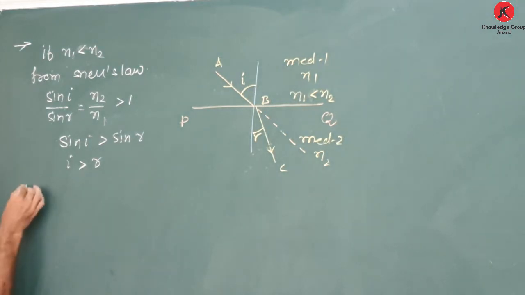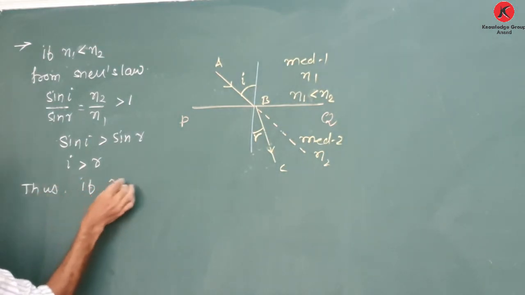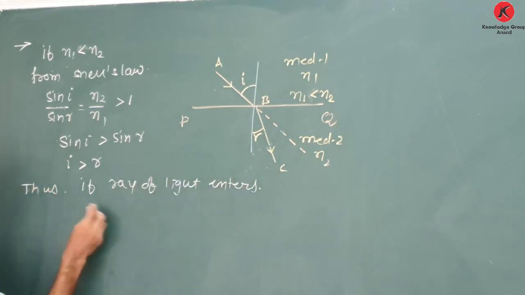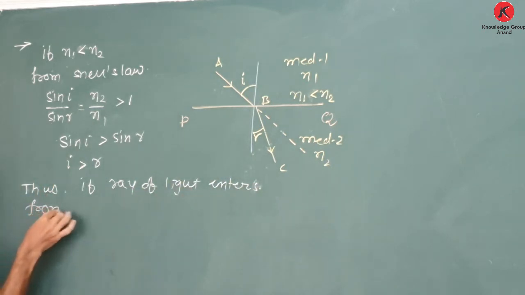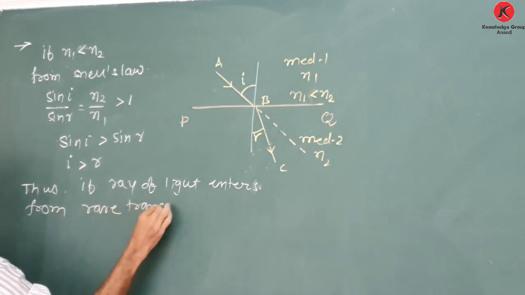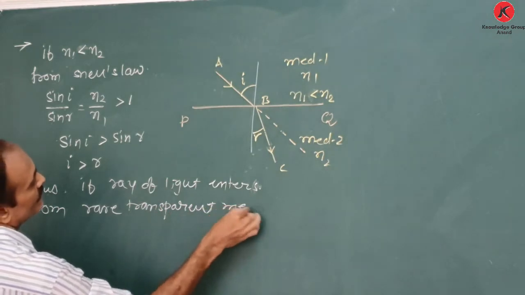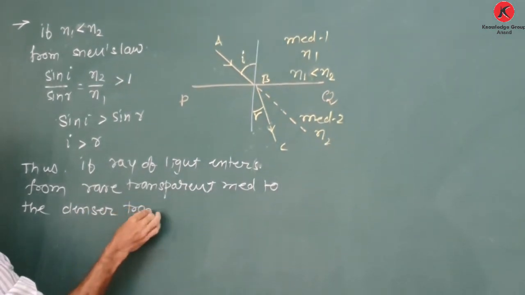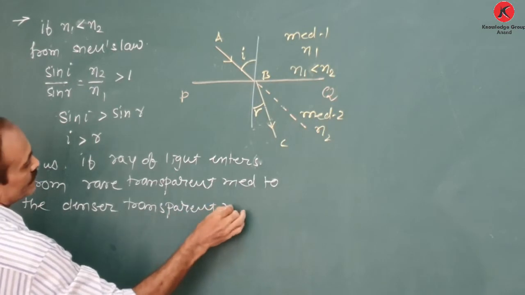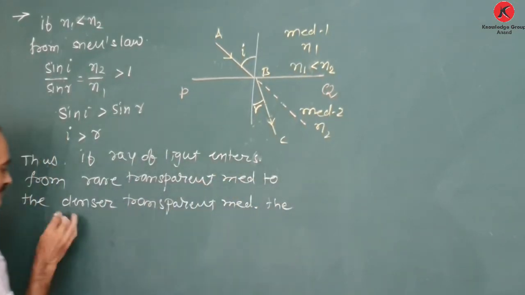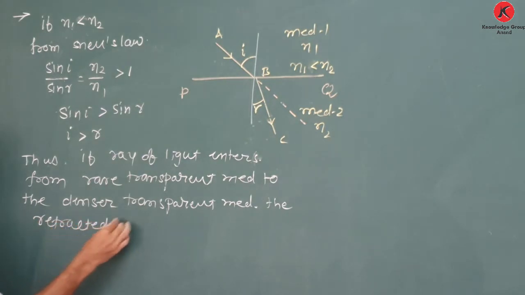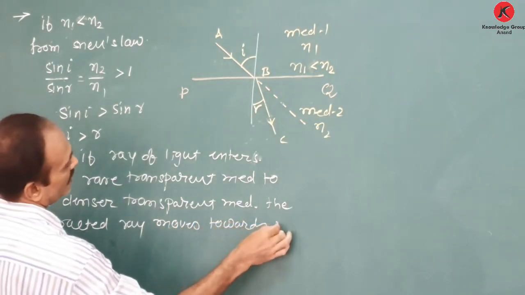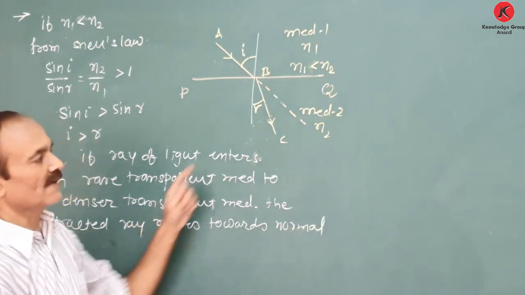Thus, if a ray of light enters from the rare transparent medium to the denser transparent medium, the refracted ray moves towards the normal.